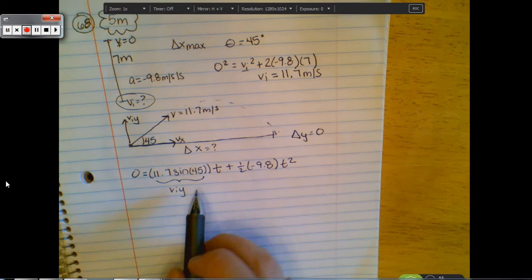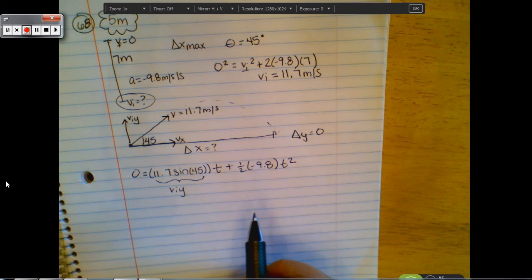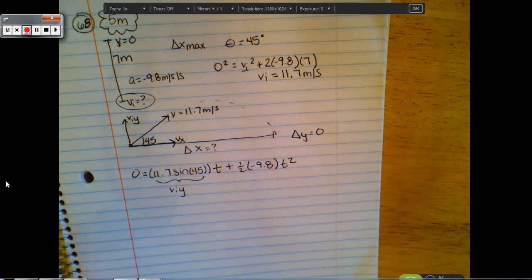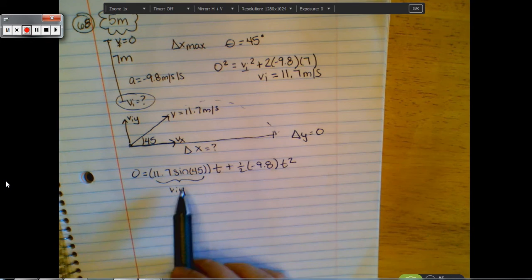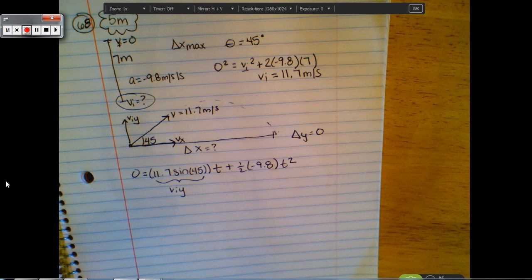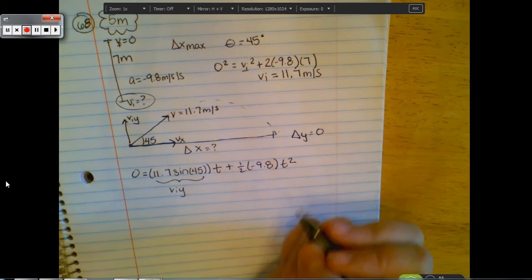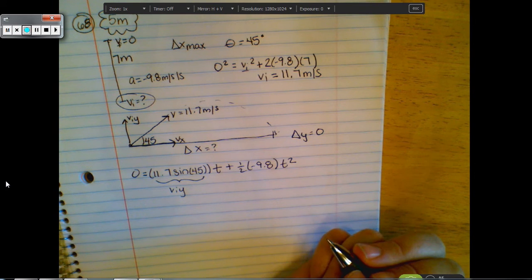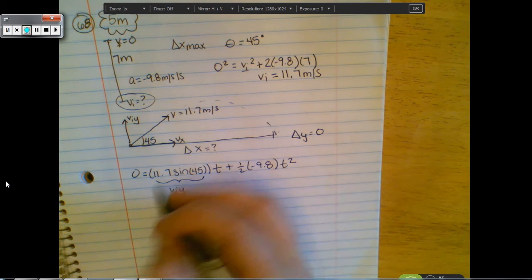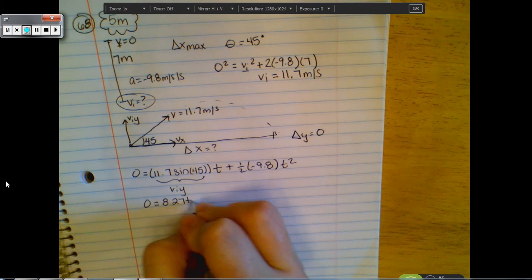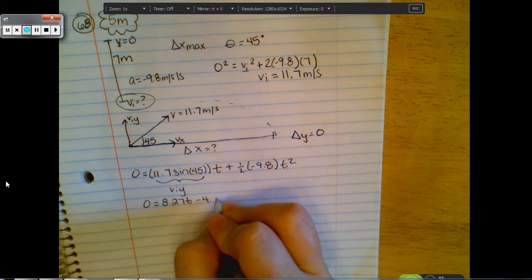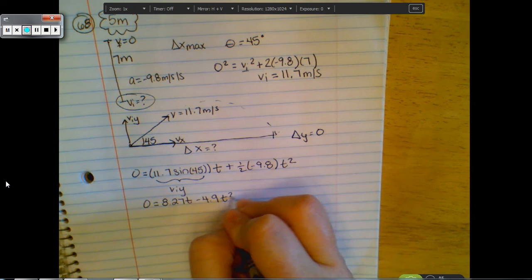If I solve this for T, I'm going to do 11.7 times the sine of 45. And I get 8.27. So 0 equals 8.27 T minus 4.9 T squared.